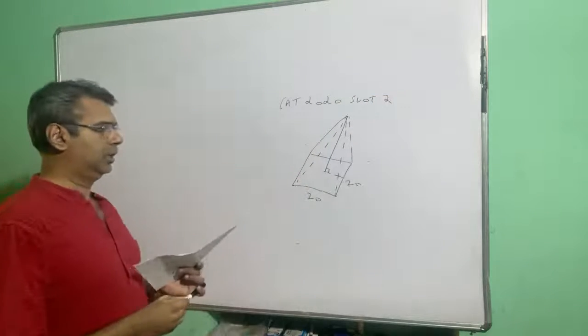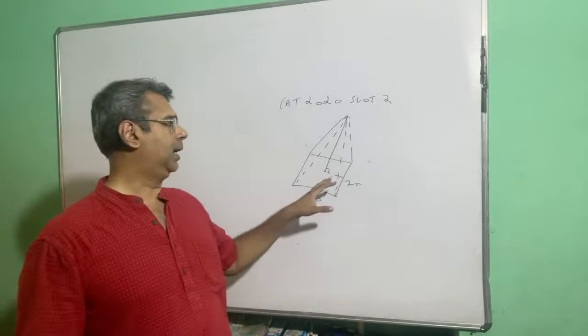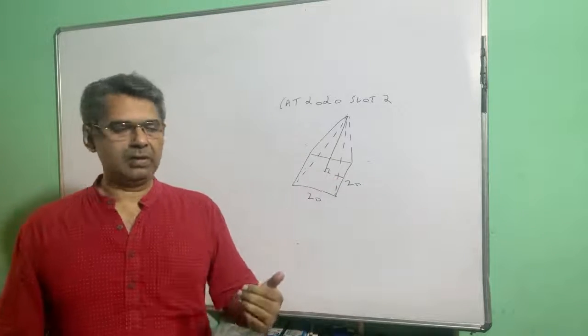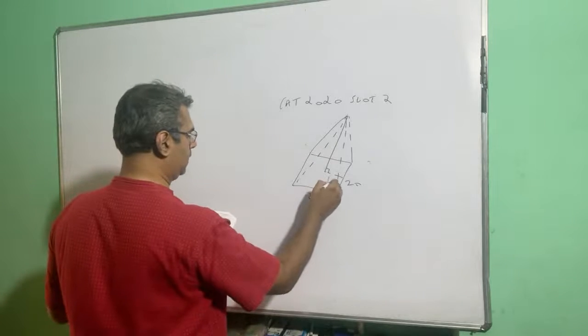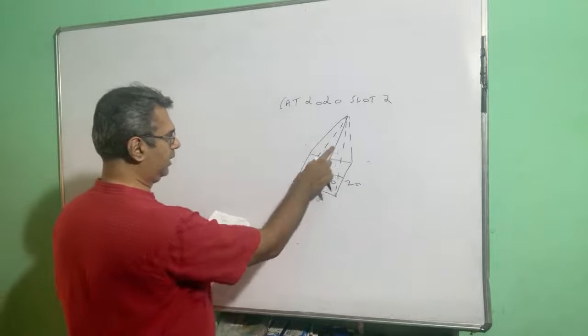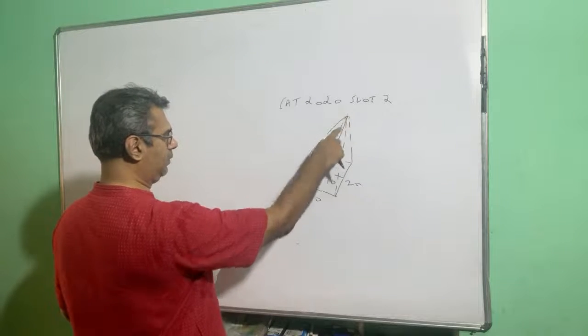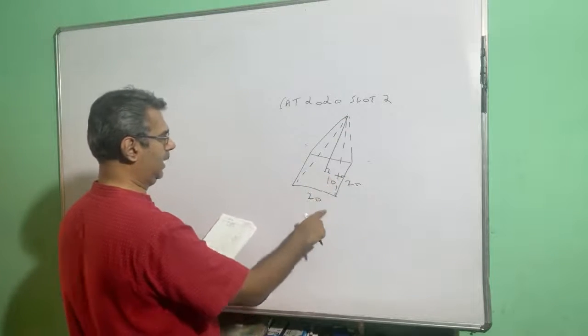So the base is a square of side 20, and the faces are all equilateral triangles. What happens is that you will notice that this will be 10, because if I drop a perpendicular from the peak to here, and then drop a perpendicular like this, it will be 10.